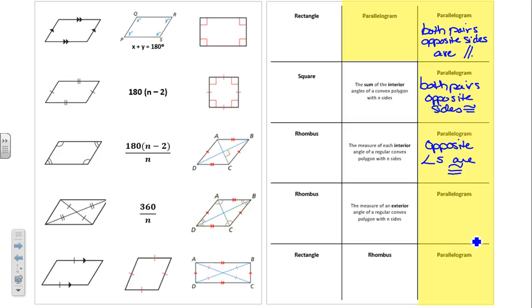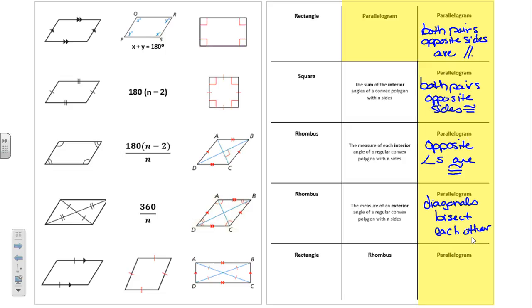Okay, so a parallelogram has diagonals that bisect each other. The diagonals bisect each other, so they meet at the midpoint. They cut each other in half.